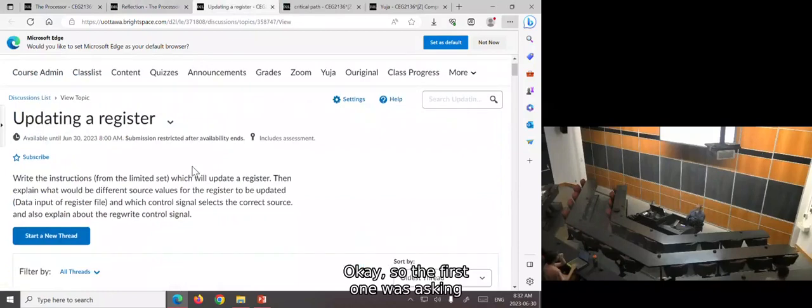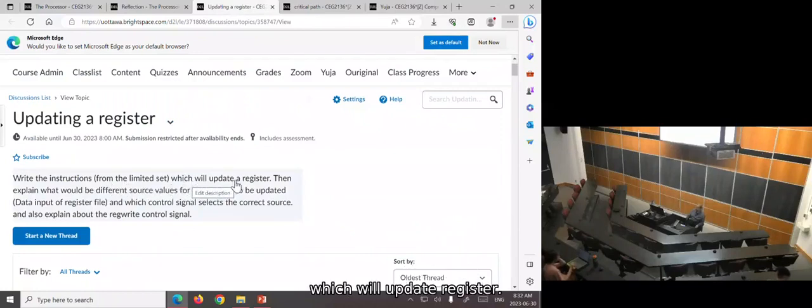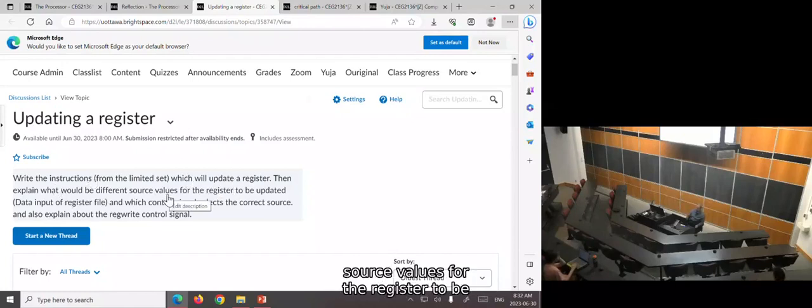Okay, so the first one was asking to write the instructions from the limited set, not from the whole instruction set, which will update a register. Which instructions update the register? Then explain what would be the different source values for the register to be updated, and which control signal selects the correct source.